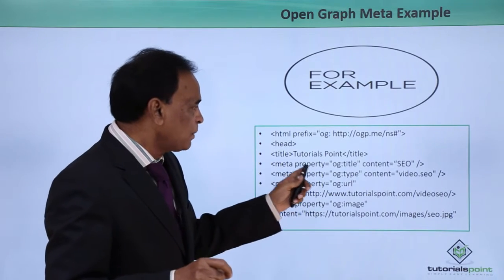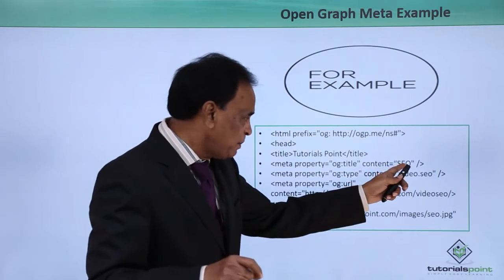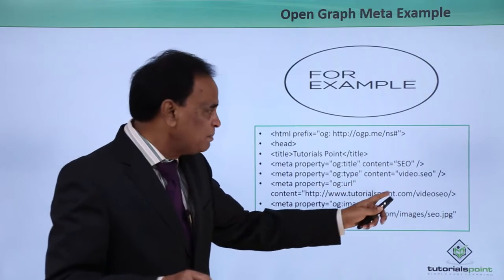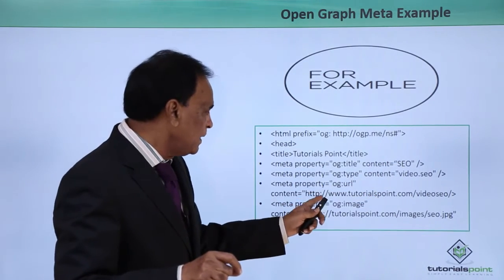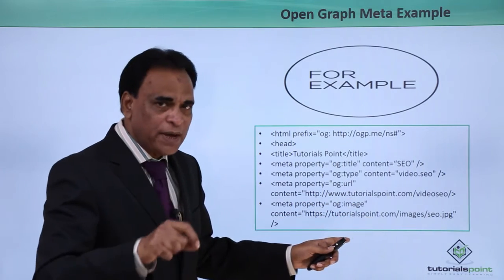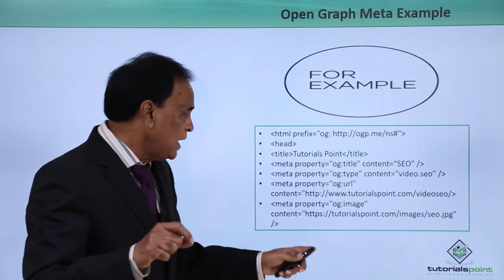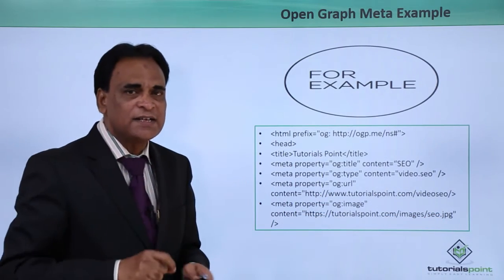The property of the title of that particular page is SEO, which we have specified here. The content related to SEO is a video that belongs to SEO, the URL of the page is tutorialspoint.com/video SEO, and the image associated with this video is called SEO image.